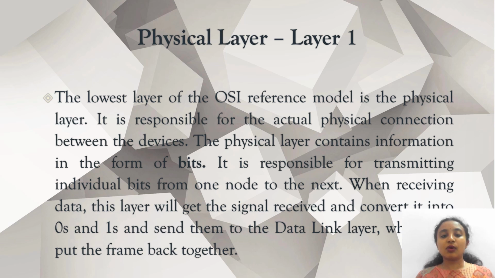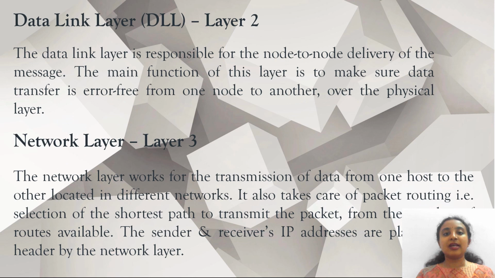The functions of this physical layer are bit synchronization, bit rate control, transmission mode, and physical topology. The second layer of OSI model is data link layer. The data link layer is responsible for the node-to-node delivery of the message or data.